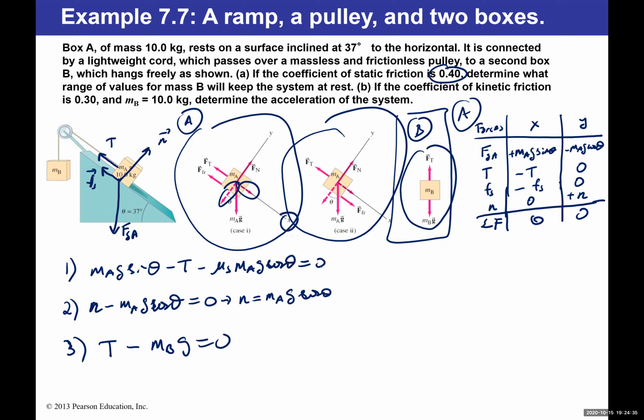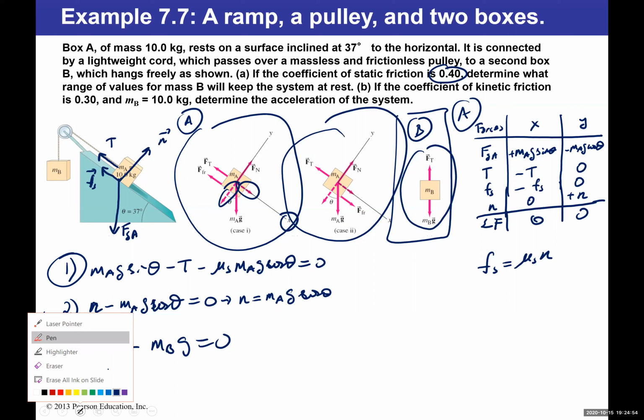That means I replaced static friction with mu s times normal force, where normal force is given with equation 2. Because then I can take equation 1 and 3 and add them together.